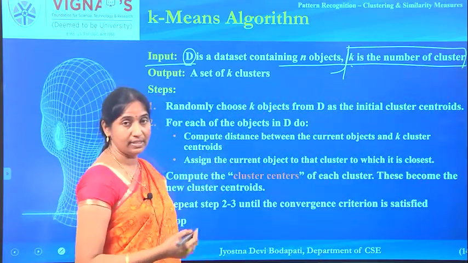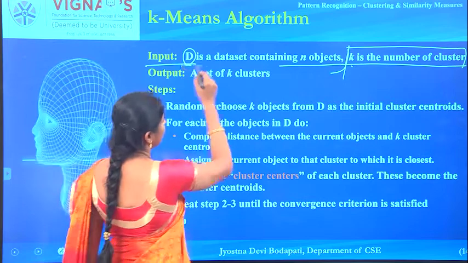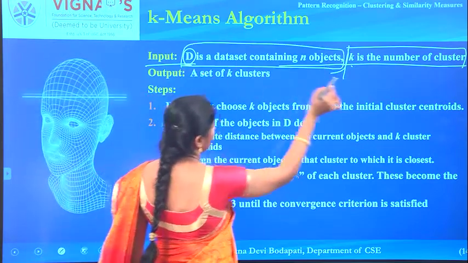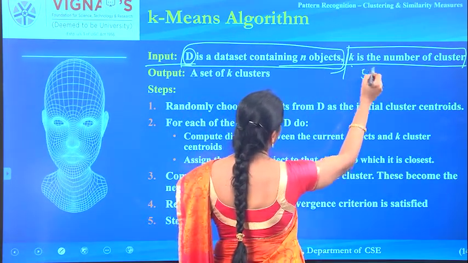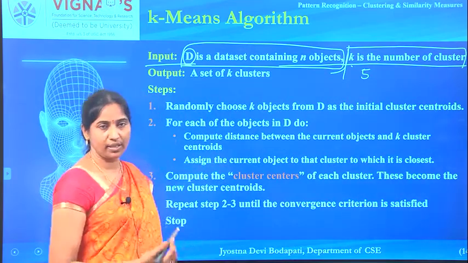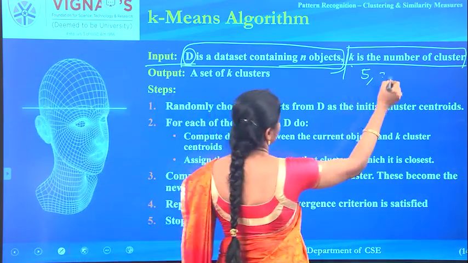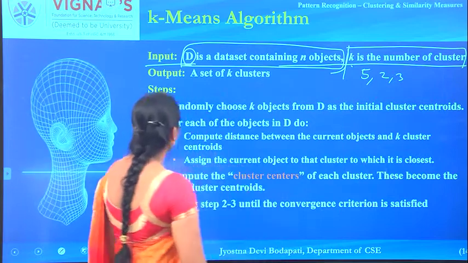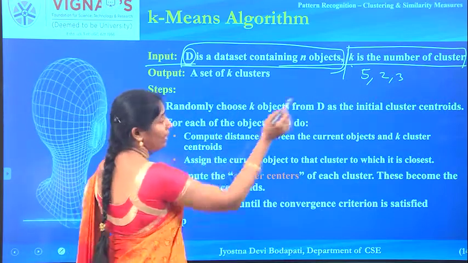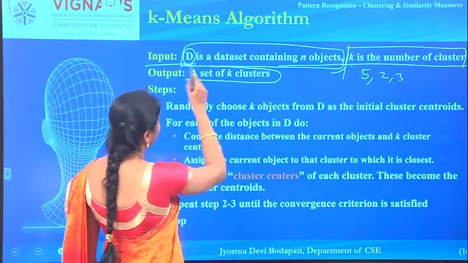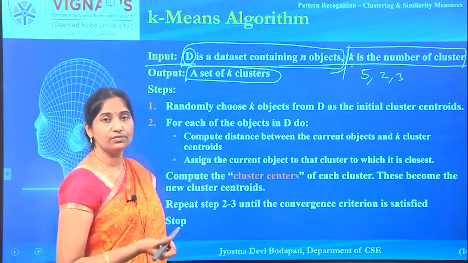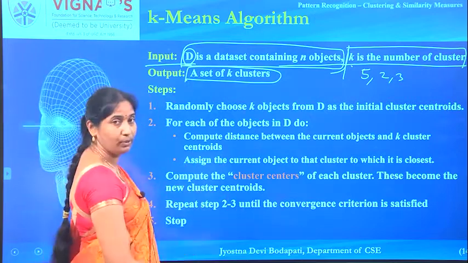The programmer has to decide that k value. So the input is basically this, and the algorithm expects the k value also. For example, I am giving 5, or you can choose 10, or you can choose 2, 3, or whatever it is. And the output is: if the k value is 2, then your algorithm will produce 2 different clusters. If the k value is 5, then 5 different clusters will be produced.